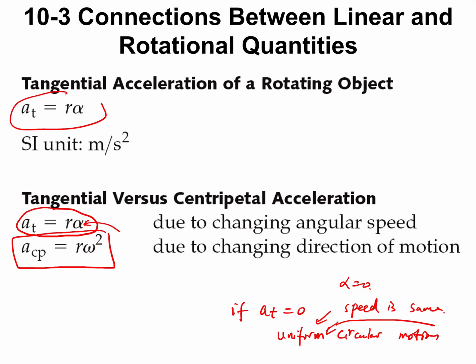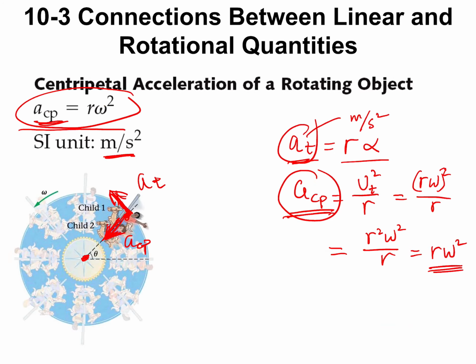Those two accelerations are in different directions. One is in the tangential direction, the other is in the radial direction. Centripetal acceleration only changes the direction of the velocity, and the tangential acceleration changes the magnitude of the speed.